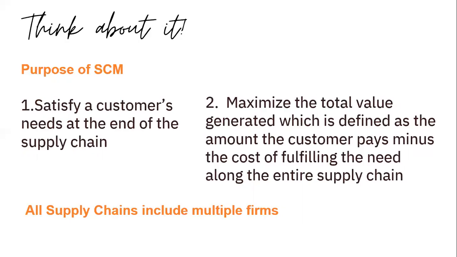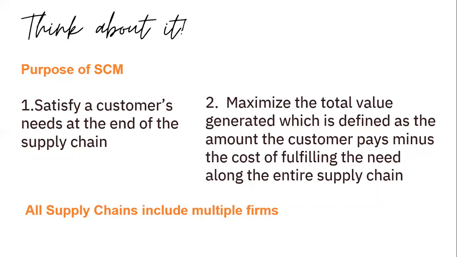Secondly, there's another purpose of a supply chain, which is to maximize the total value across the supply chain. What does this mean? You want to generate as much money as you can along the supply chain, and reduce your costs.